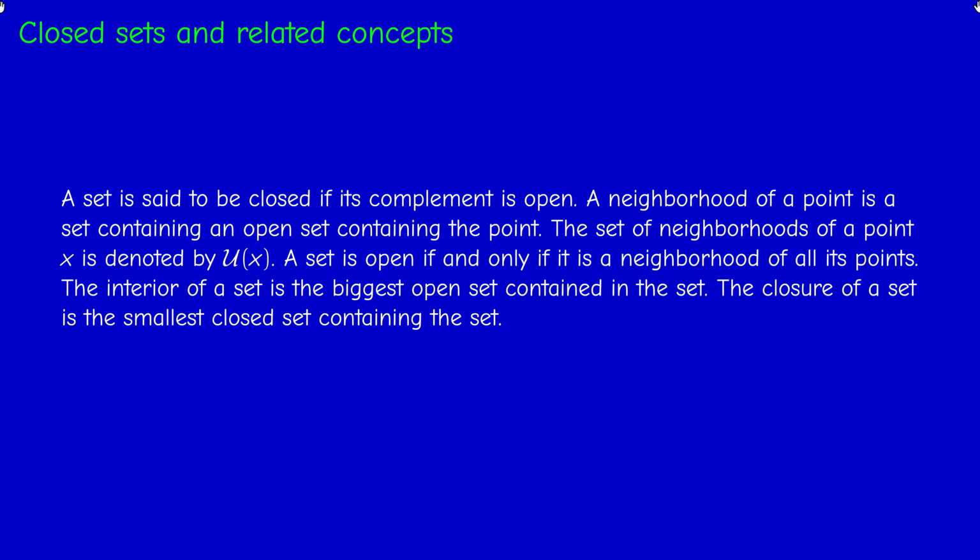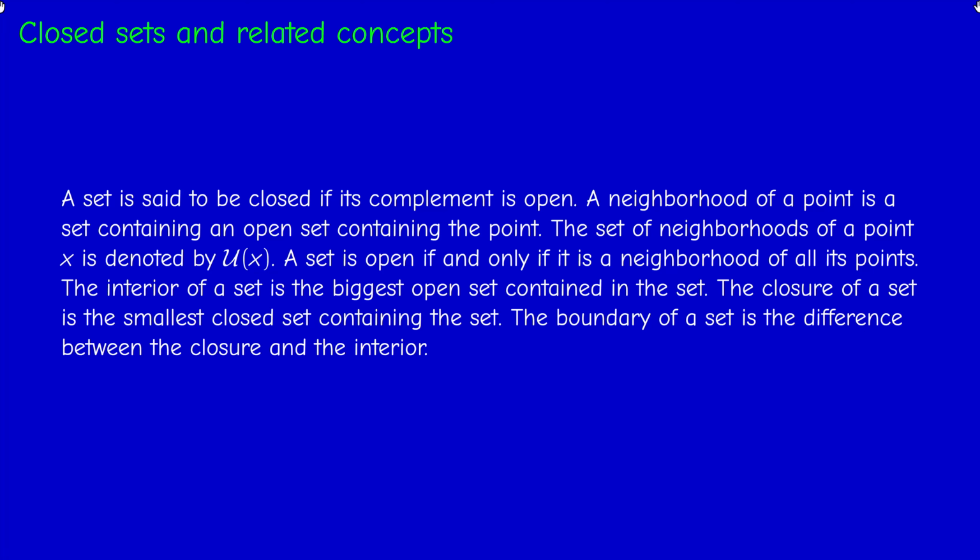It's denoted by a circle. The closure of a set is the smallest closed set containing the set. So it's the intersection of all closed sets containing the set. So it's denoted by a bar. The boundary of a set is the set theoretic difference between the closure and the interior. So it's a bar minus a circle.